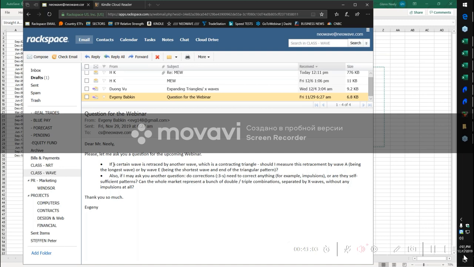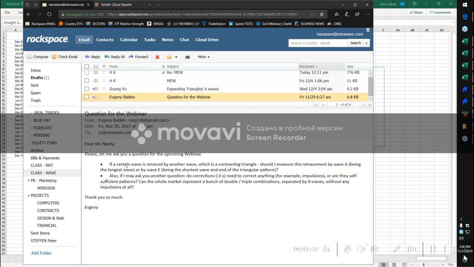So if there are a couple of waves which are labeled as 3, and one wave is retraced by another wave, which is a contracting triangle, so the way we should measure this retracement is by wave A or by wave E. Oh, I see what your question is. Okay, yeah, no, you want to measure from the highest to the lowest point. A contracting triangle always has its most violent wave first, and that wave may be more than 61% of the move before it.